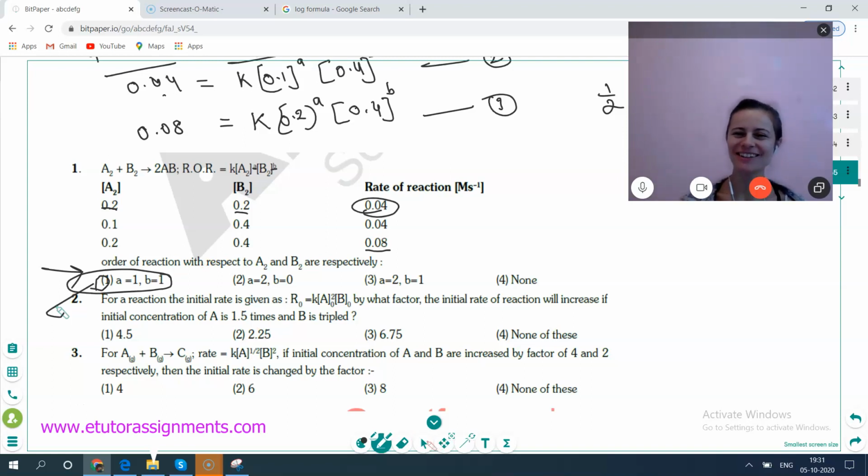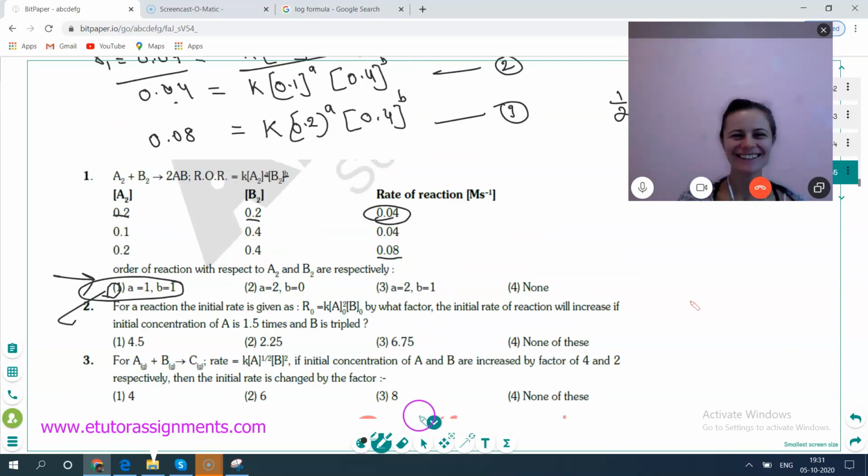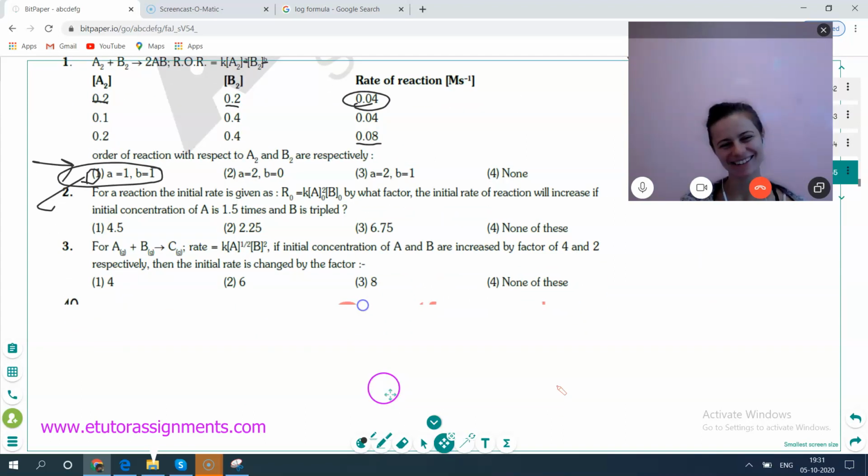Intuition will not work always. Sometimes it works. Negative marking is there, so you will get negative marking also sometimes. See the answer.